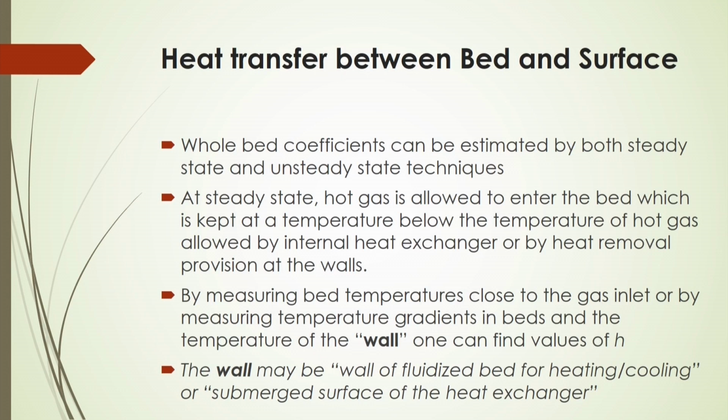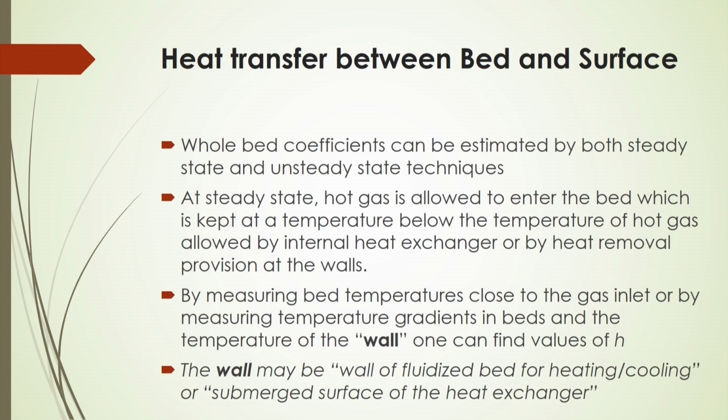At steady state, if we supply hot gas to enter the bed, which is kept at a temperature below the temperature of the hot gas, by an internal heat exchanger or by heat removal provision at the walls, then by measuring the bed temperature close to the gas inlet, or by measuring the temperature gradient in the bed and the temperature of the wall, one can find values of the heat transfer coefficient.